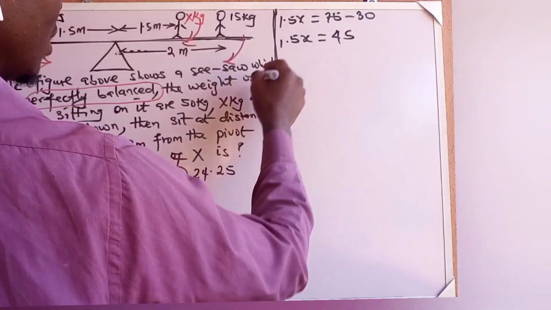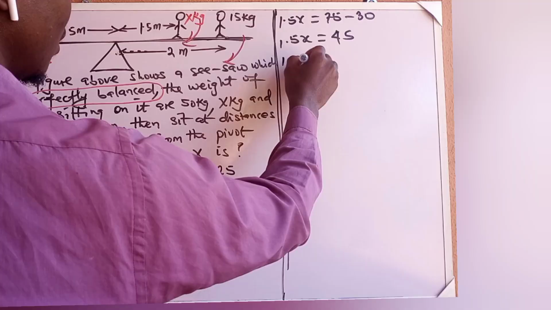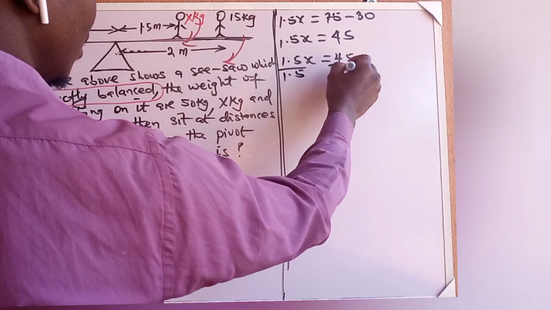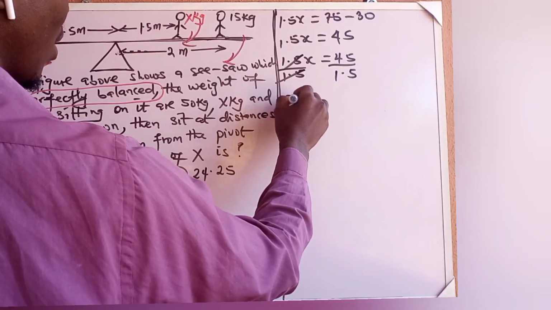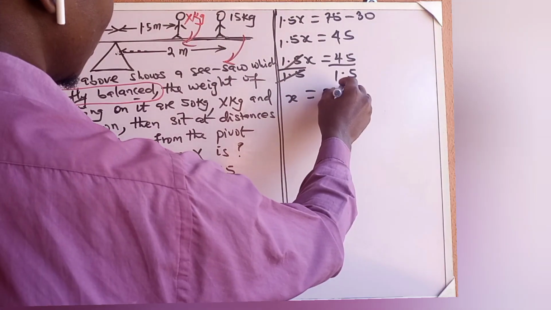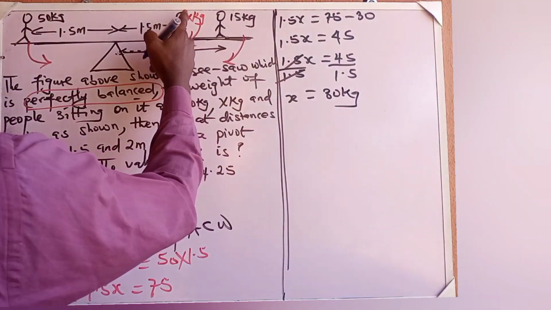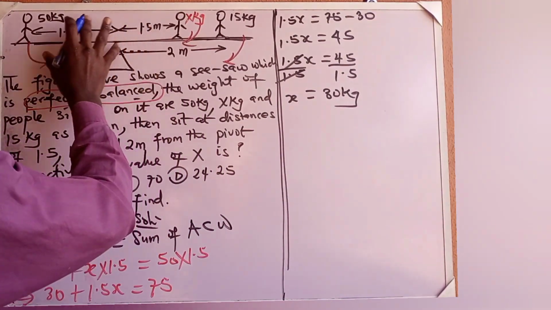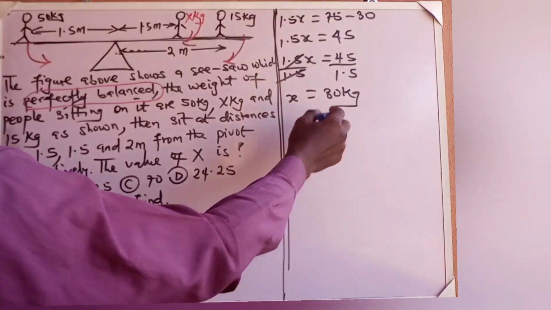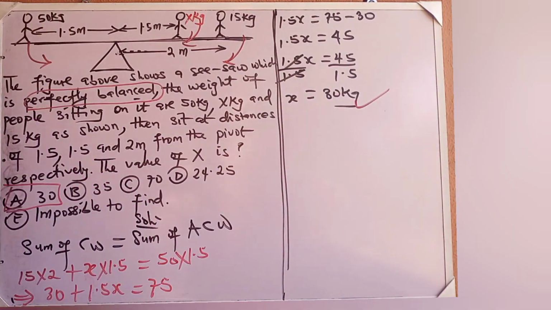When we divide both sides by 1.5, we get our value of x. So our x value will be 45 over 1.5, which is 30 kg for the weight of this guy to be able to balance this seesaw. And that is option A. So option A is correct. We need this guy to be weighing 30 kg.